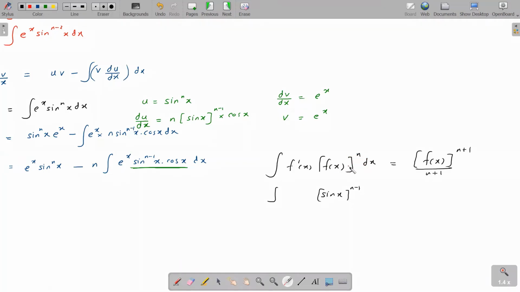Keeping the power aside, f(x) differentiated gives f'(x). The differentiation of sin x is directly cos x. So can you see what answer that gives? It gives sin^n x, since you have to add 1 to the power, divided by n.